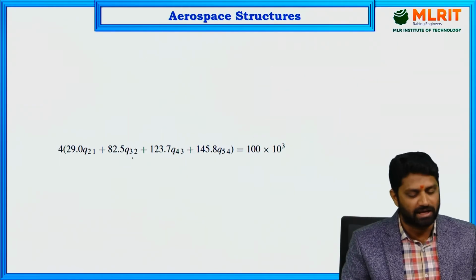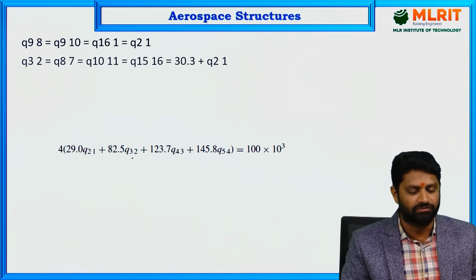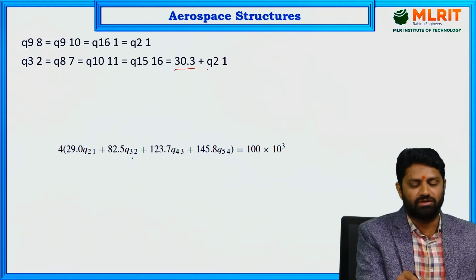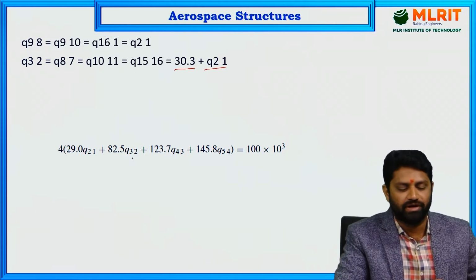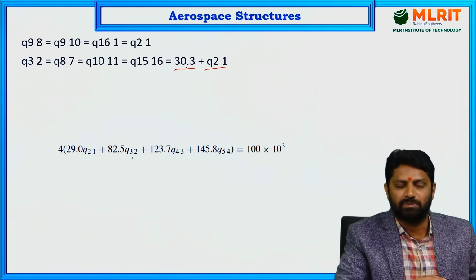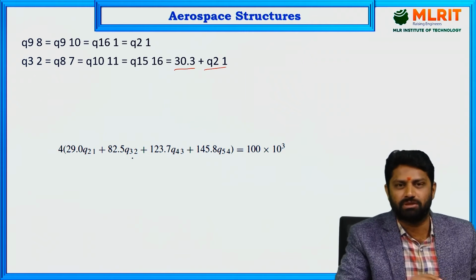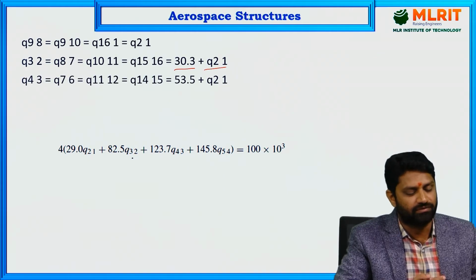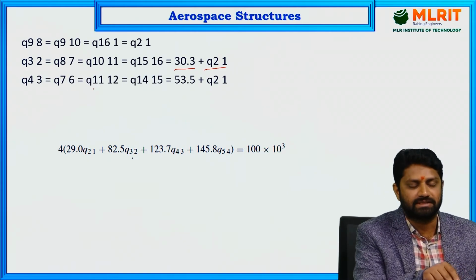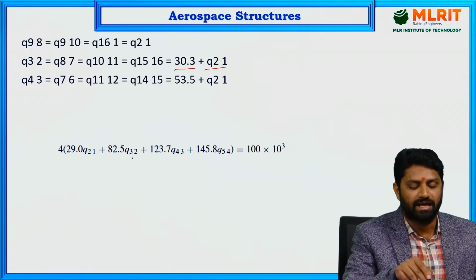Okay, so like that we have to go through the procedure. So 30.3 is the shear flow that we have to add to Q12. Where we got this 30.3 is from the previous shear flow analysis.